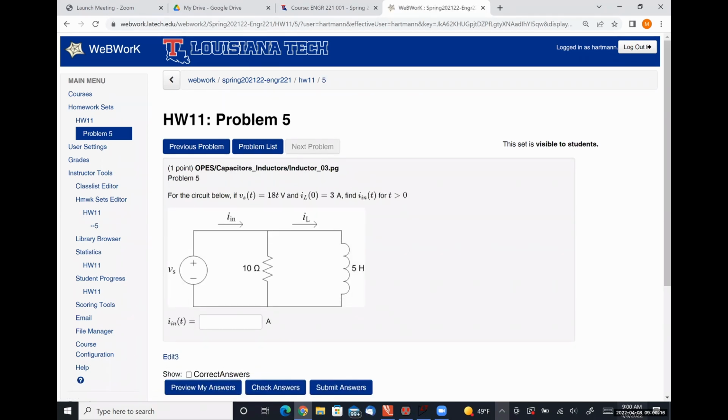Problem 5 is a KCL based problem. IN is the sum of the resistor current and the inductor current, very, very similar to the previous problem.